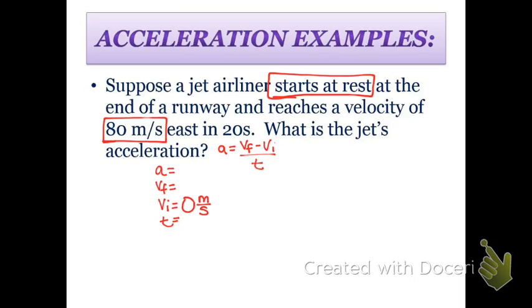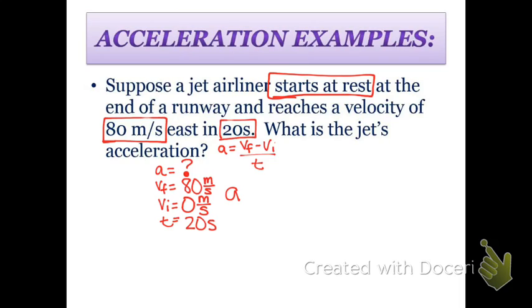Then if they give me a second velocity, which in this case they do, 80 meters per second, that's going to be my final velocity. Then they tell me that I have 20 seconds. Seconds is a time, so that must be t. Leaving me the only variable that I do not know, the value of a.